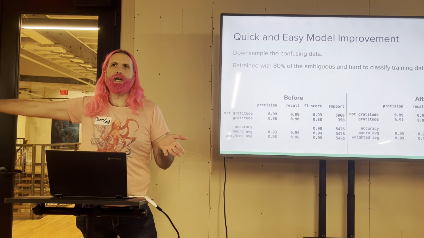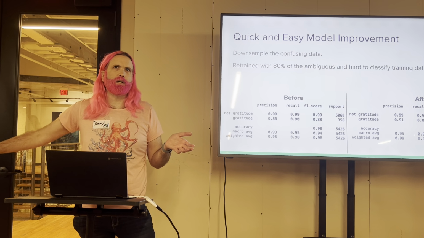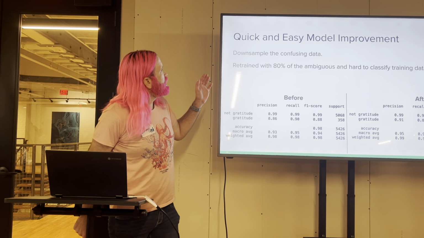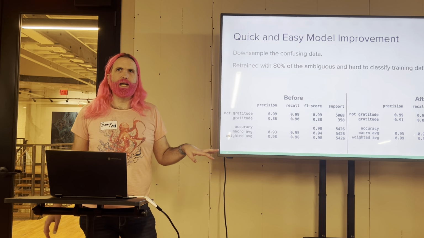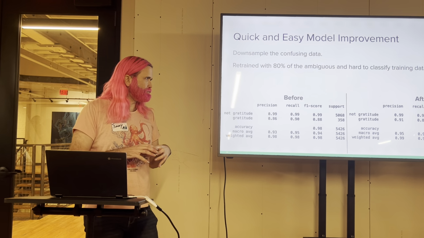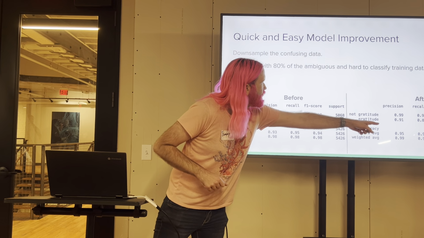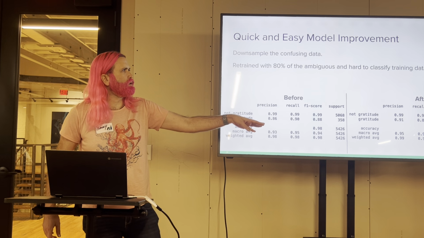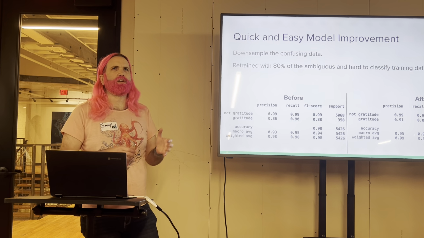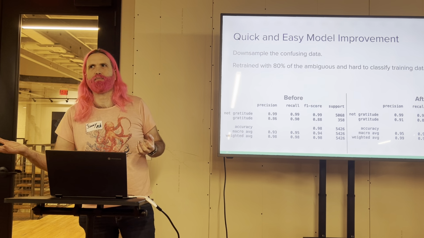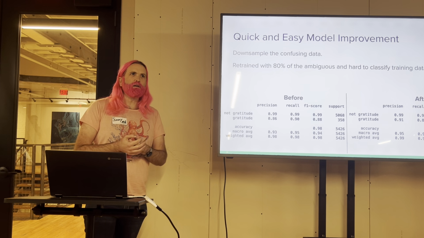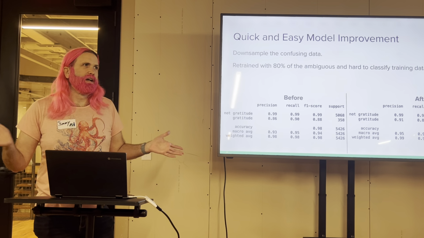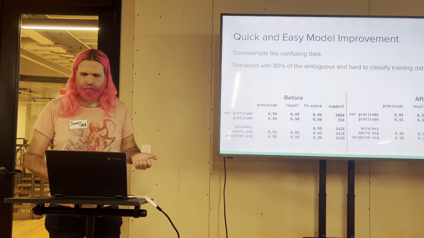But if we throw away all of those hard to classify data points that are misleading the model and retain 80% of the ambiguous data, because we do want some of those edge cases, we see that we're able to get a 0.01 improvement in accuracy or weighted average. So we've basically gone from 98% accuracy to 99% accuracy without doing anything extra in terms of work. We basically just got this for free.